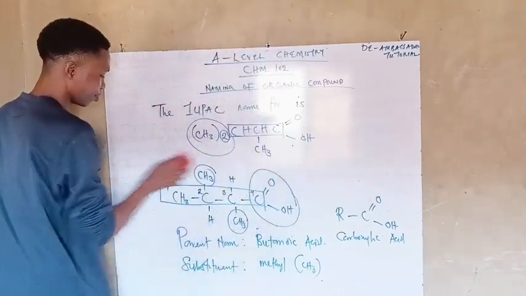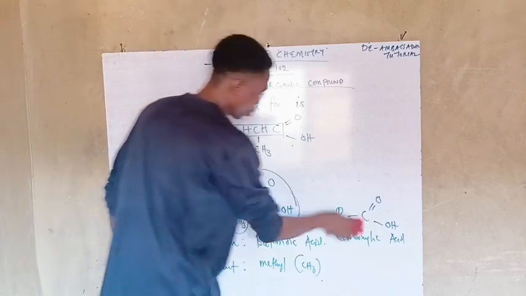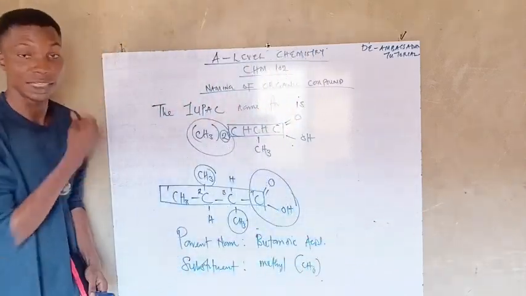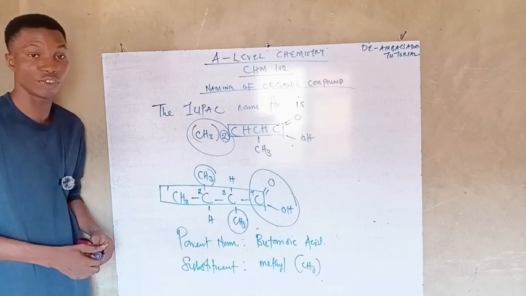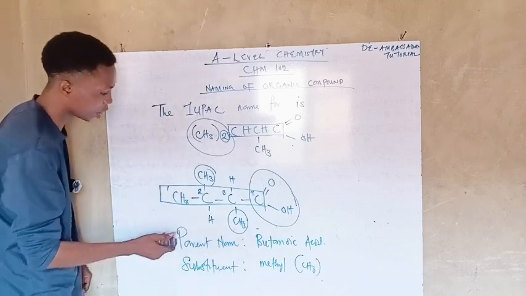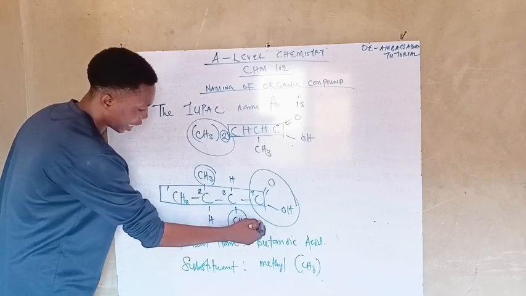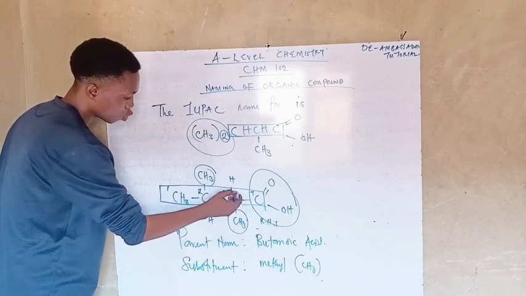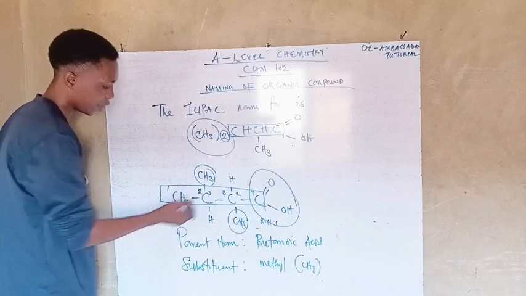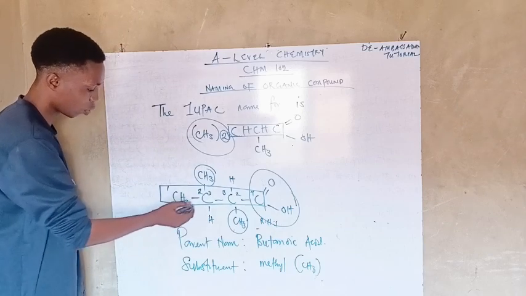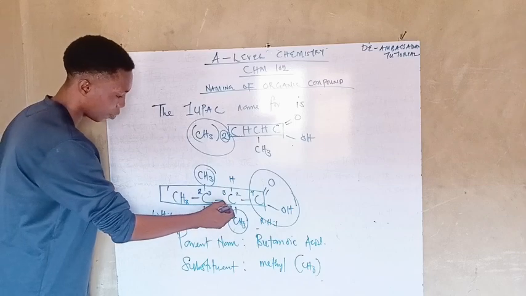Okay, so like I said, CH3 is referred to as what? Methyl. And if you look at this carefully, when you start from your right hand side, the methyl is found on carbon 2 and also on carbon 3. And likewise, when you start from your left hand side, the methyl is found on carbon 2 and also on carbon 3.